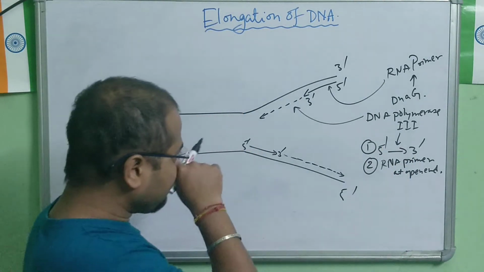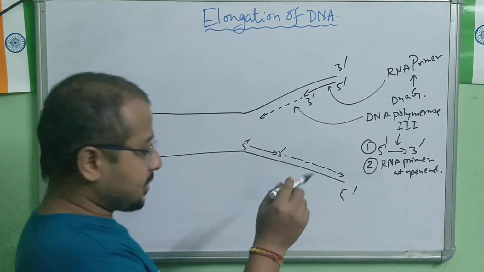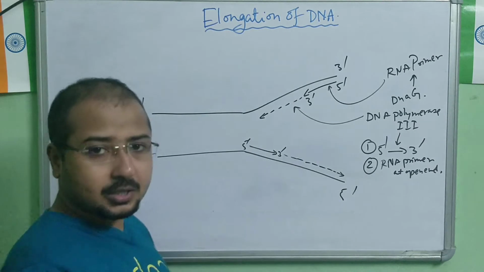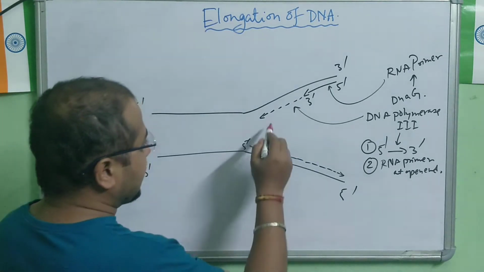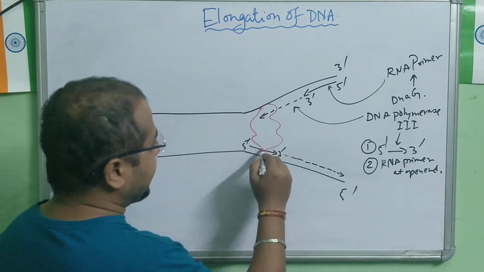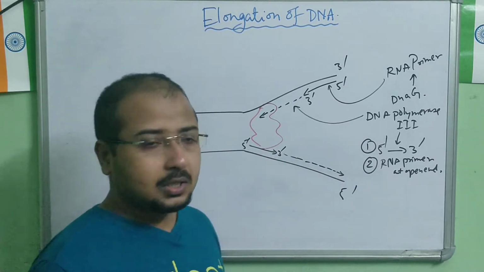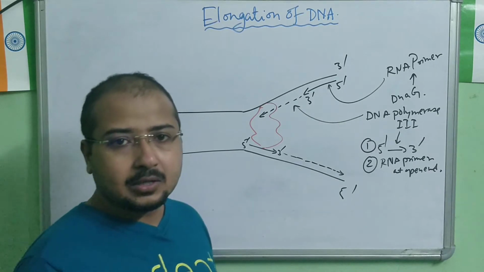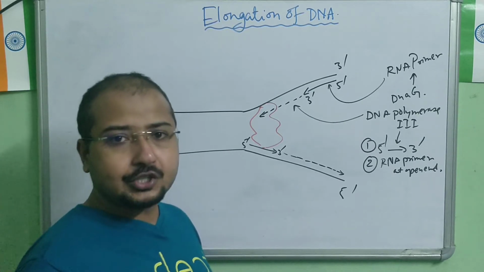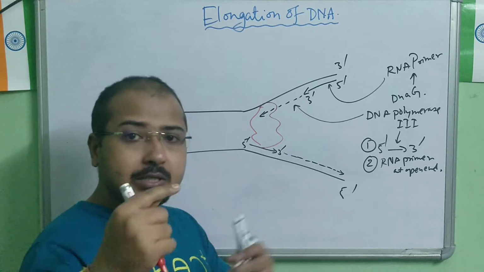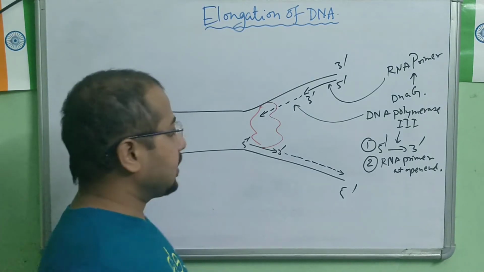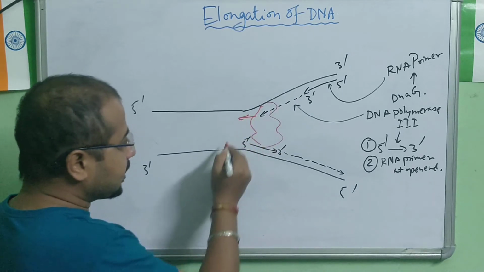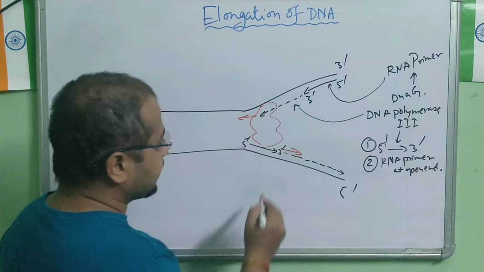Now, if this situation continues, just think: if a DNA polymerase comes here and binds here, how could a single DNA polymerase replicate two different strands in two opposite directions? One strand would be formed in this direction and the other in that direction.